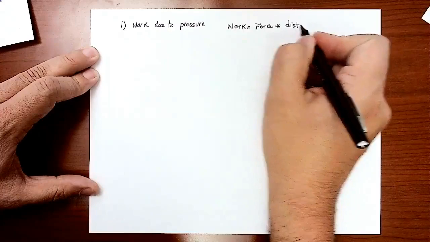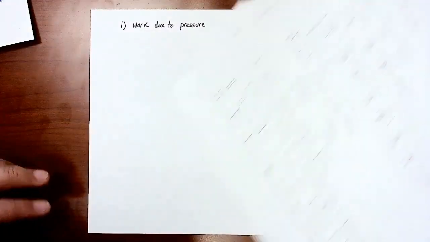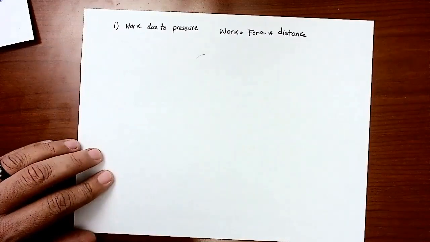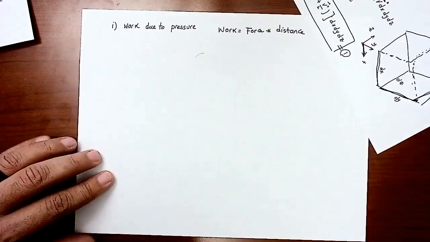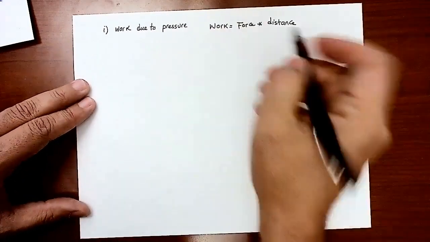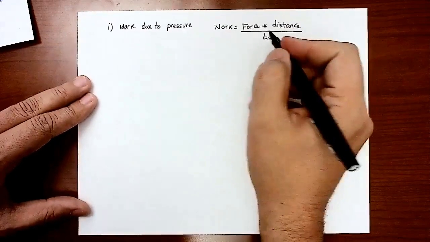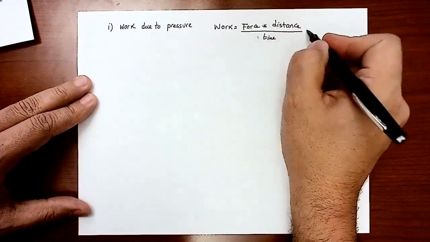But we also know that everything in the original equation is relative to the time, right? So we are trying to write everything relative to the time, so we would like to get that divided by the time. This will lead us to force times distance over time. That's a velocity.